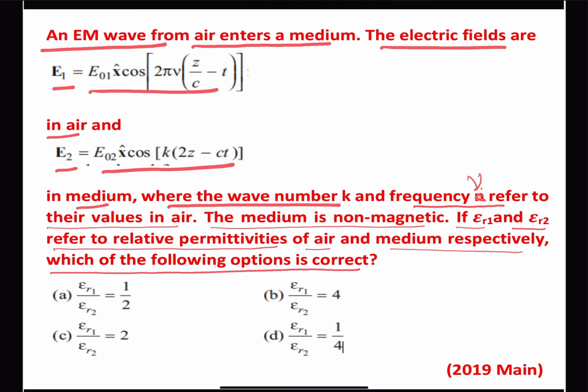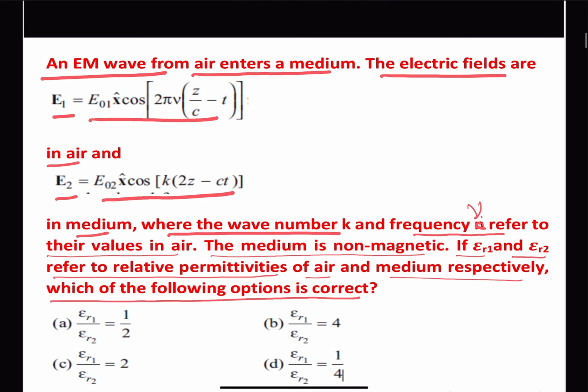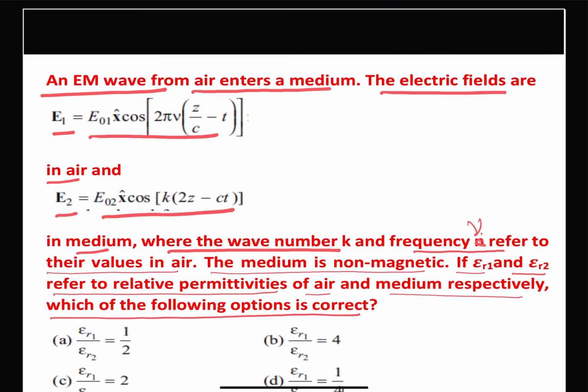So we are given two different equations of electric field. The first one is for air and the second one is given for the medium. And we have to remember that it is given that the medium is non-magnetic.